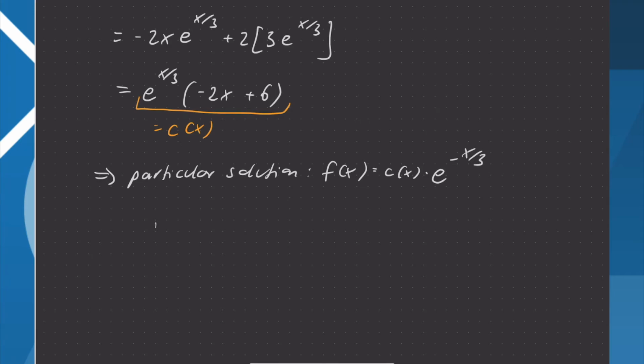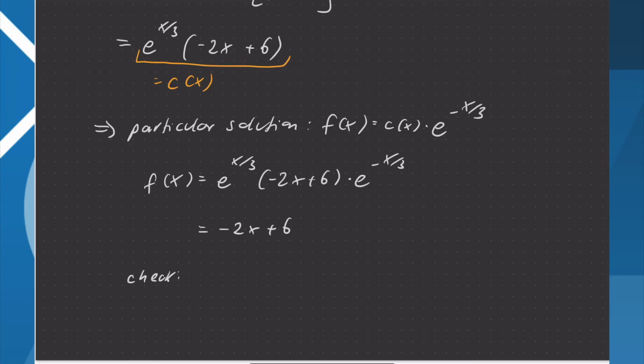So f of x is this function here, e to the x over 3 times minus 2x plus 6 times e to the minus x over 3. And you can see the e part actually cancels out. So we're left with minus 2x plus 6. That is a particular solution of the system.